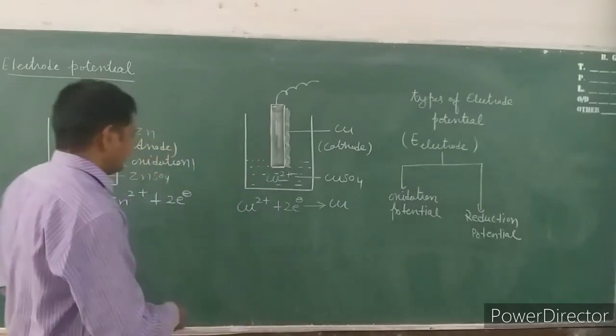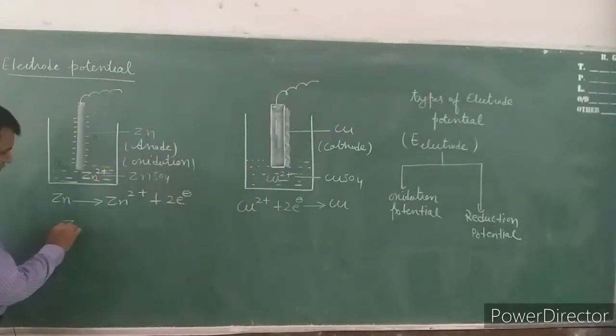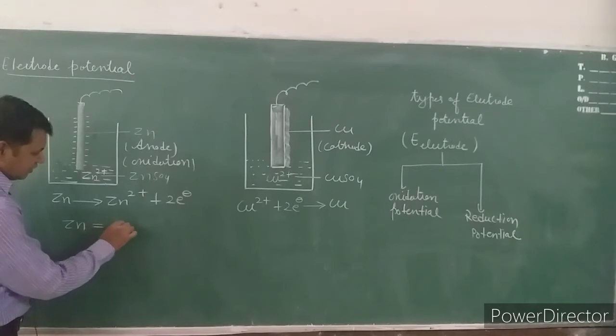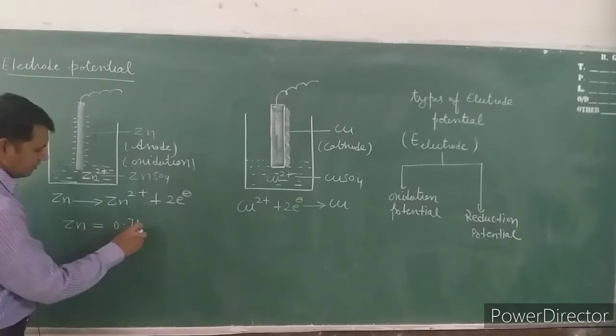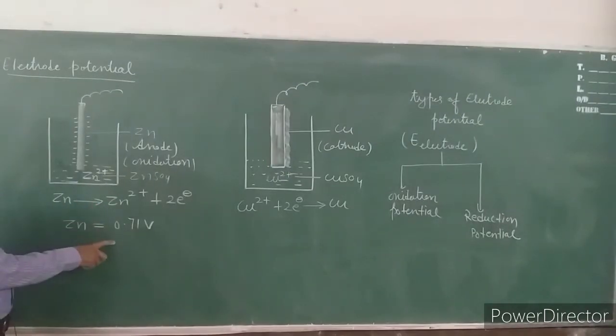Just for an example, when zinc is working as an anode, its oxidation potential is 0.76 volt.